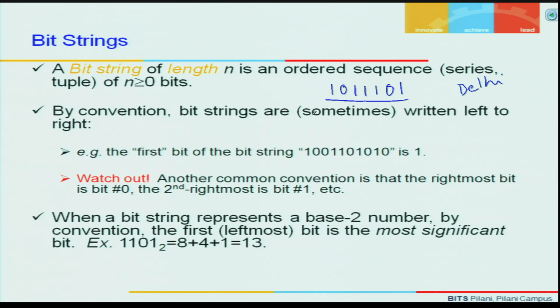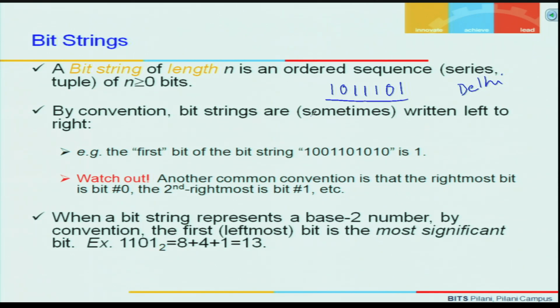By convention, bits are written left to right. Given an English word, you know what the first character and the last character are. Similarly, we have to know what the first bit and last bit of a bit string are. By convention, we always say that the first bit is leftmost and the last bit is rightmost.